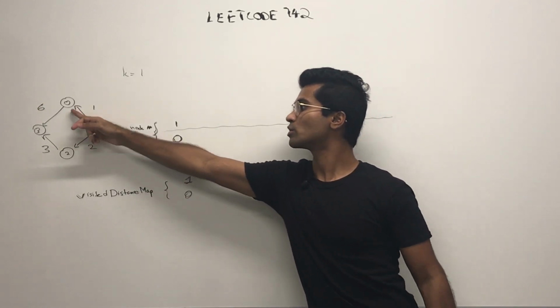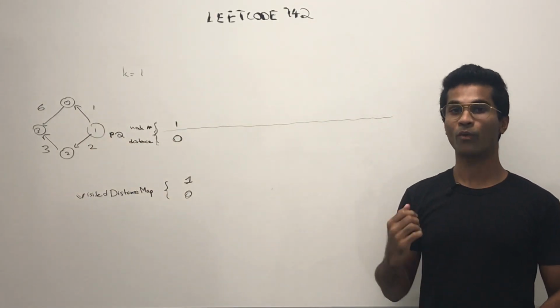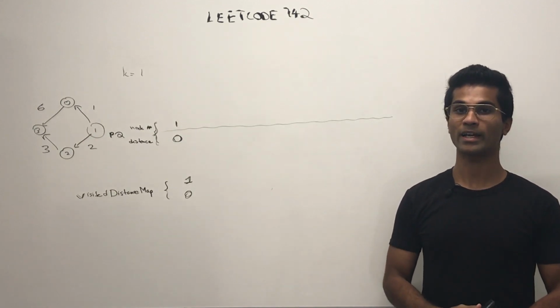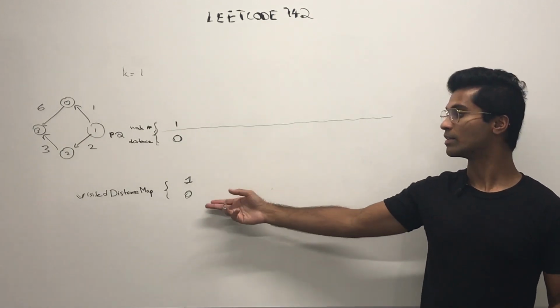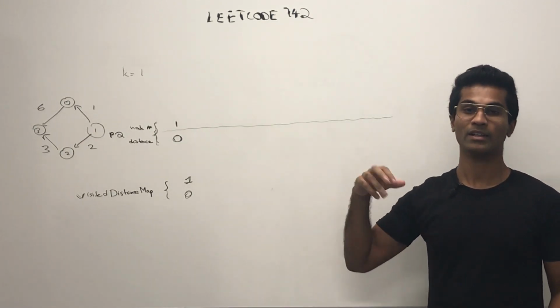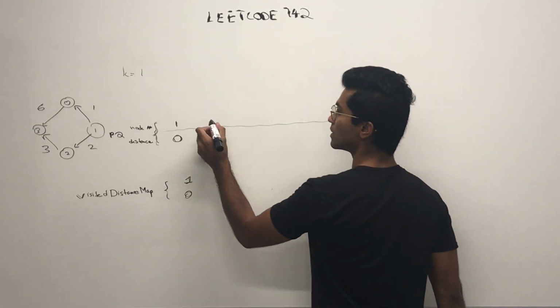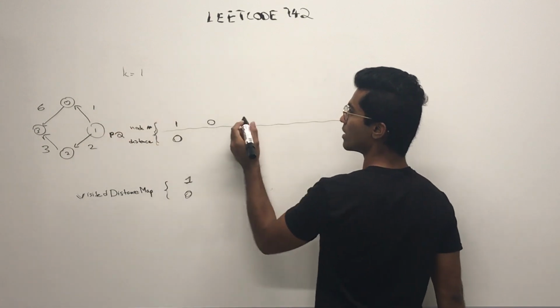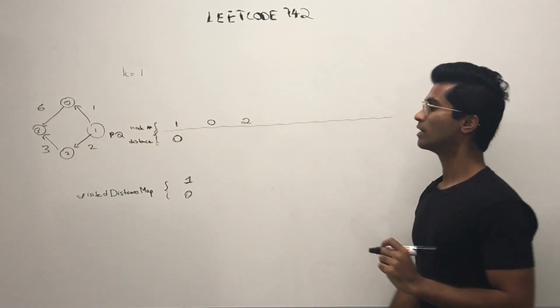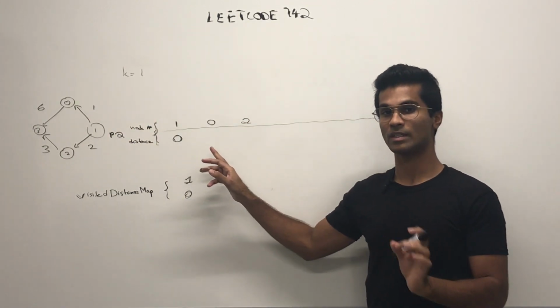So 1 can go to 0 or 2. Before doing anything, 1 is going to check if its neighbors are part of the visited distance map. They are not, so it's going to add both the nodes, 0 and 2. What about this extra dimension of distance?